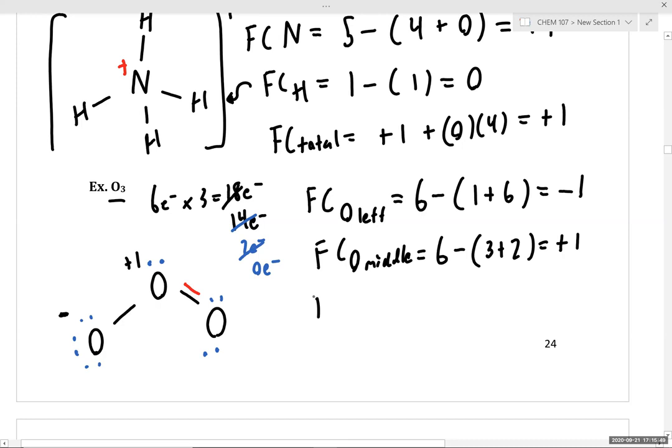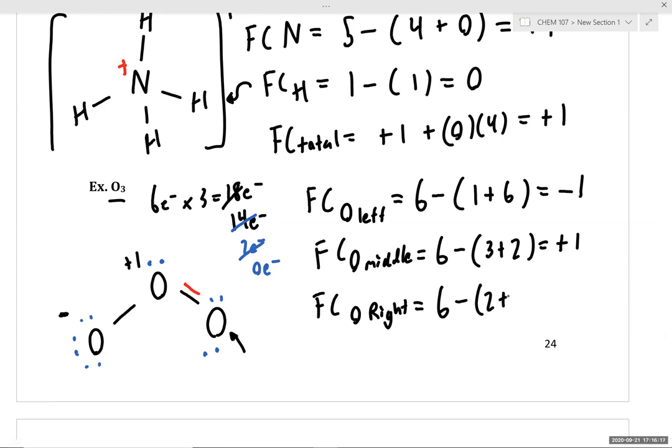Finally, let's calculate the formal charge of oxygen on the right-hand side. So formal charge is equal to our group number, which is 6, minus, and now how many bonds do we have to this rightmost oxygen? We have 2 bonds, and how many lone pair electrons?